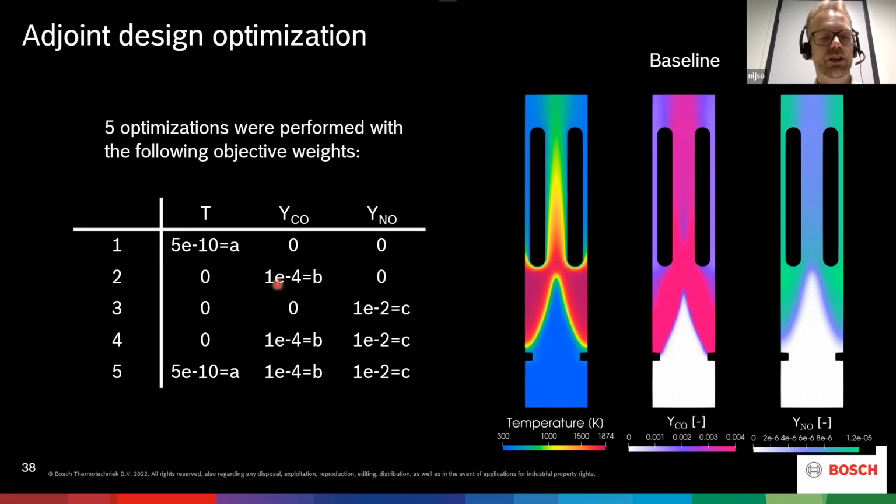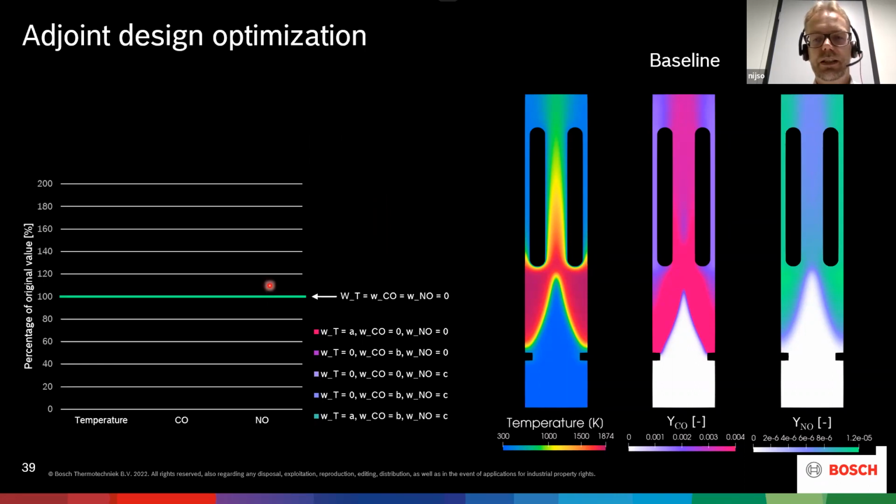So they will tell us how much more important one objective is compared to another. And what we do is we normalize all mean outlet values for the original geometry to 100. So temperature, CO, and NO in the baseline geometry is 100.